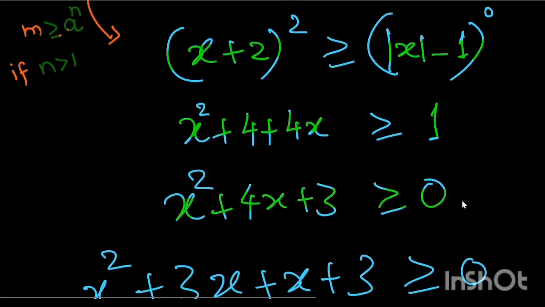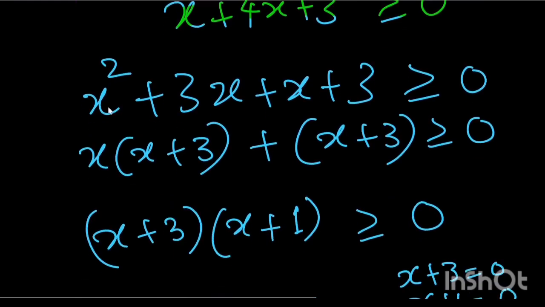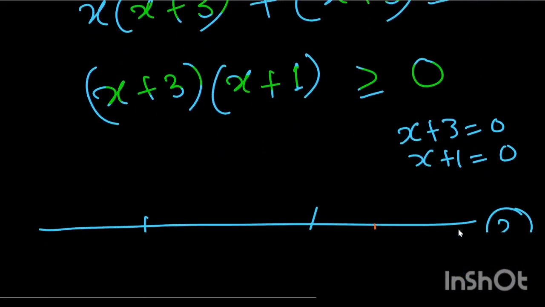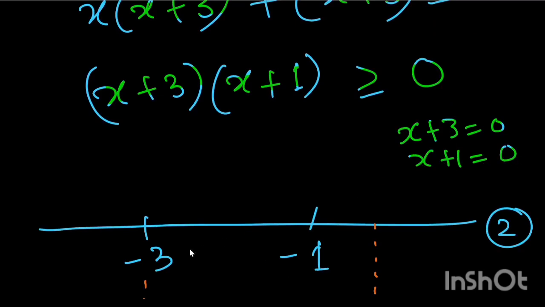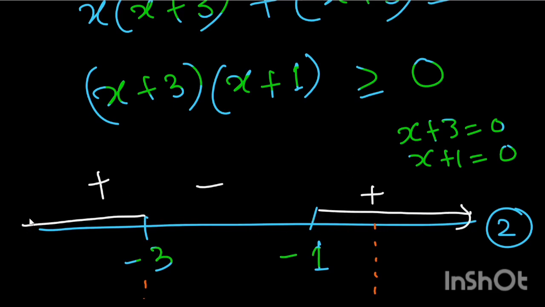So this quadratic, splitting the middle term and factorizing, x plus 3, x plus 1 is greater than or equal to 0. Using the wavy curve method, x plus 3 equals 0 at minus 3 and minus 1 respectively. Using wavy curve plus minus plus, we want plus, so this would be this.